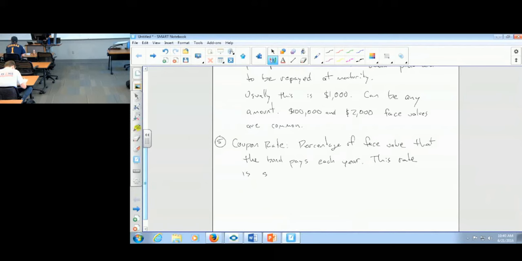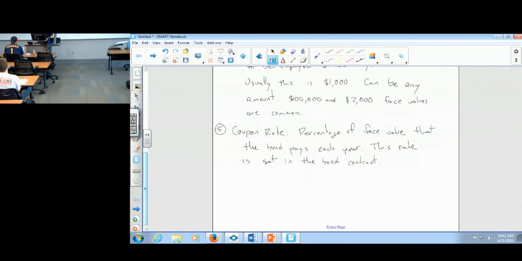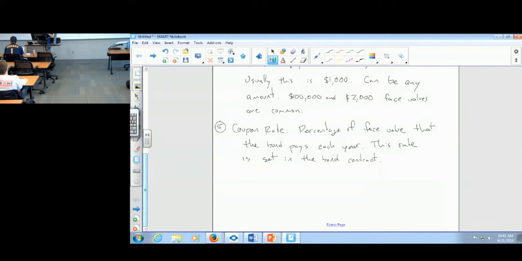This rate is set in the bond contract. The market doesn't get to choose this rate except for indirectly, when the bond is first issued. Once the bond is issued and the contract is in place, that coupon rate is set. Right? And I'm going to put a note here that won't make a lot of sense right now, but when you go back to your notes, it's going to be helpful.